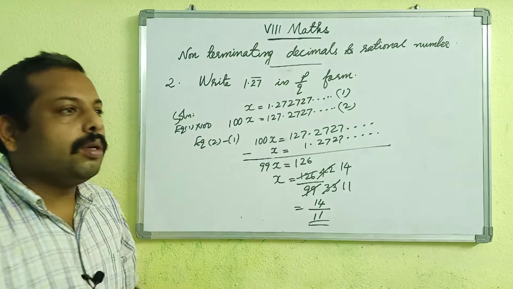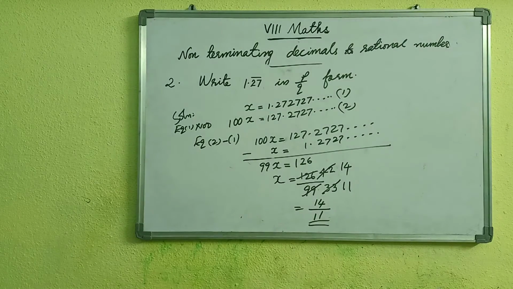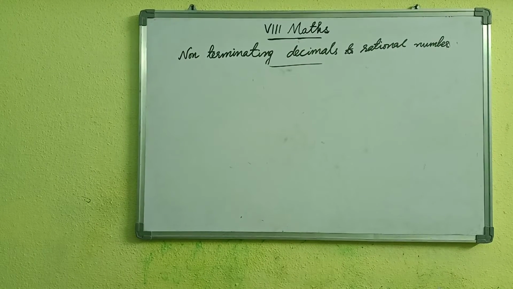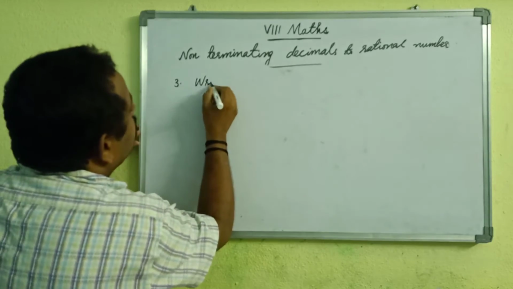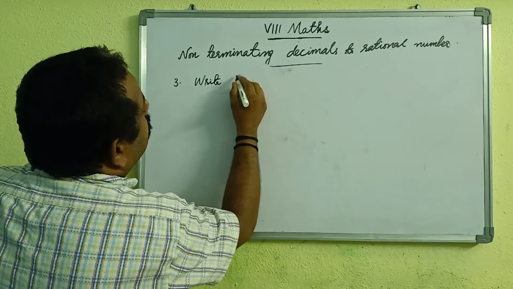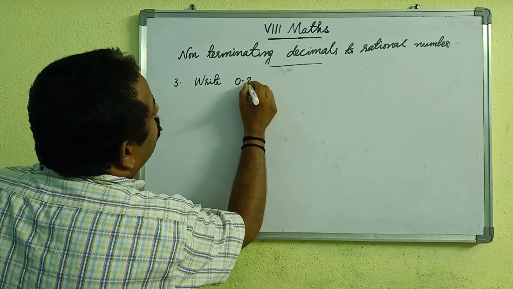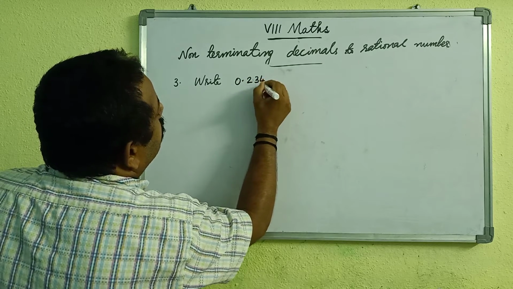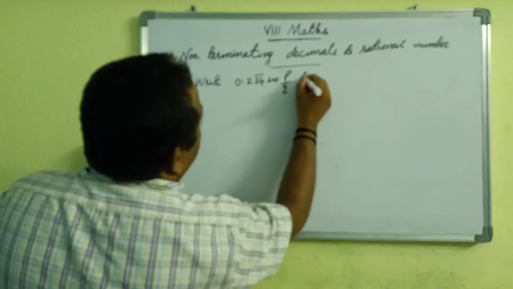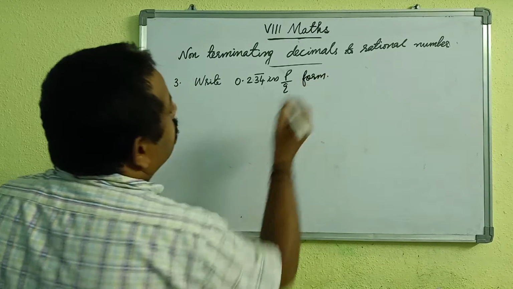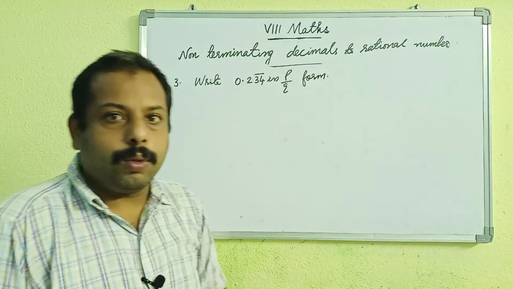This also can be noted down. Next question, write 0.234 bar in P by Q form. Observe the question carefully.